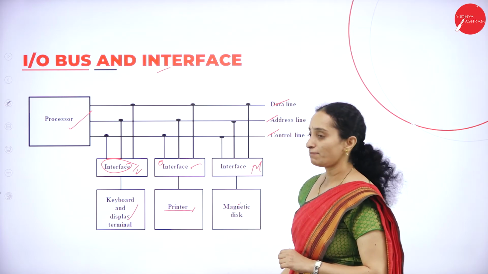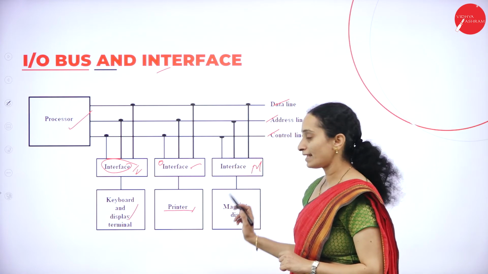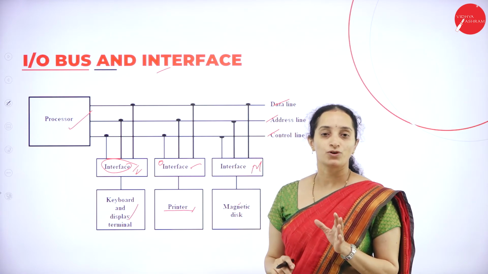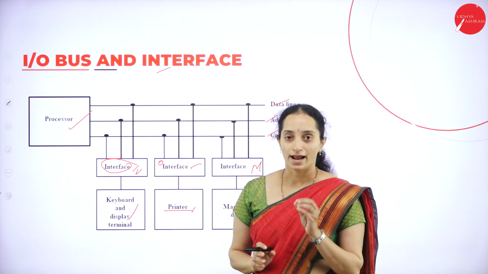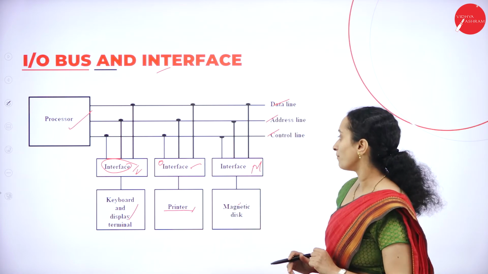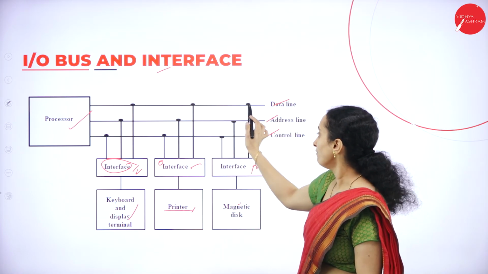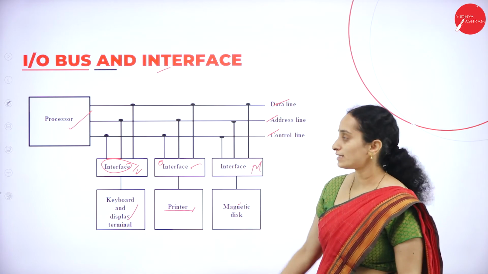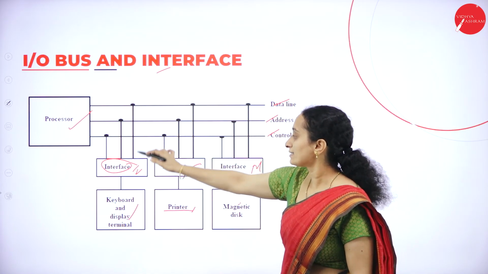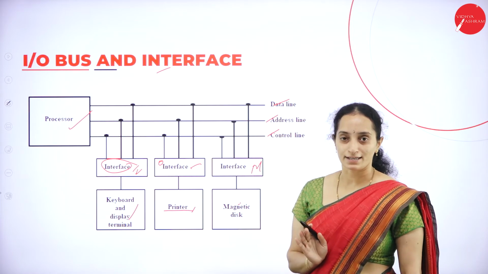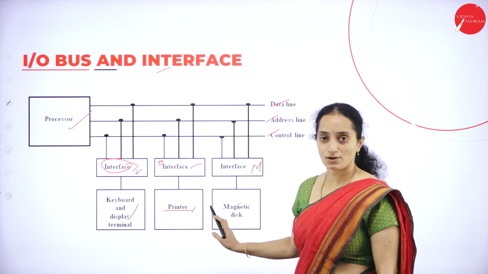Then we have the magnetic disk. The address line gets the address of the memory location to store and access from the memory. Then we have the data line. What does the data line do? It communicates only with the interfaces, not the actual components.